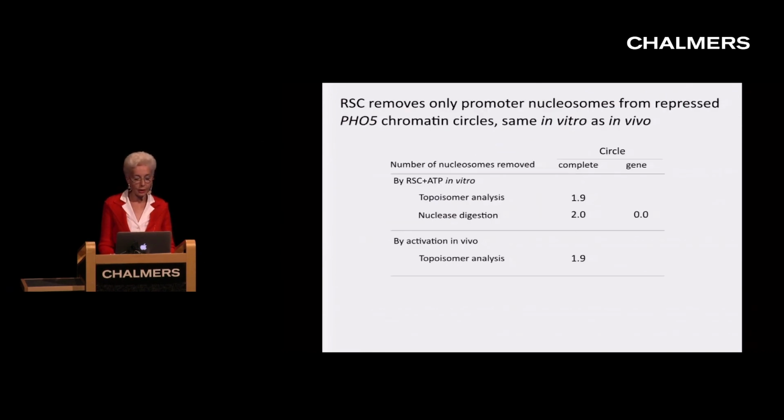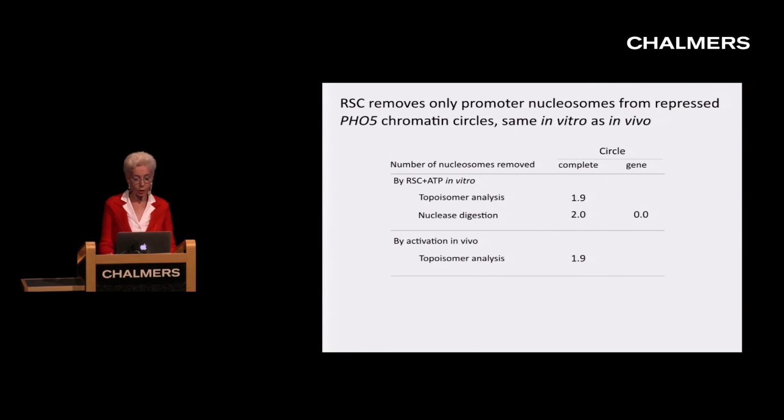We applied RSC and ATP to the chromatin circles and measured the removal of nucleosomes by 2 different methods: topoisomer analysis and limit nuclease digestion. 2 of the 12 nucleosomes on the complete gene plus promoter circle were removed by RSC in vitro, exactly the same number as are removed upon gene activation in yeast in vivo.